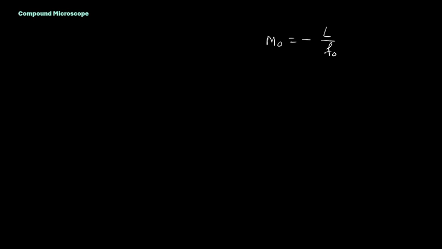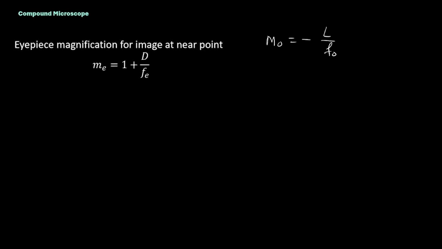And we know that when the image formed by a magnifier, that is by an eyepiece in this case, is at a near point, the magnification is given by 1 plus D upon Fe. Fe represents the focal length of eyepiece and Me is the magnification produced by an eyepiece when the image is at a near point. However, it is always comfortable to view image formed at infinity. So we often talk about magnification when an image is formed at infinity. When image is formed at infinity, the magnification is D by Fe.